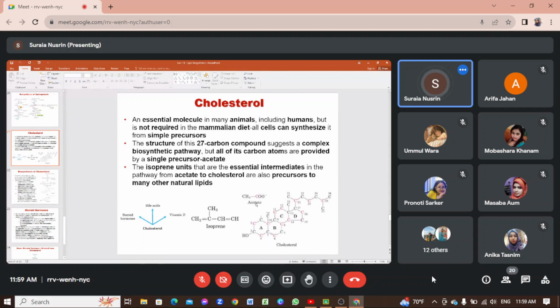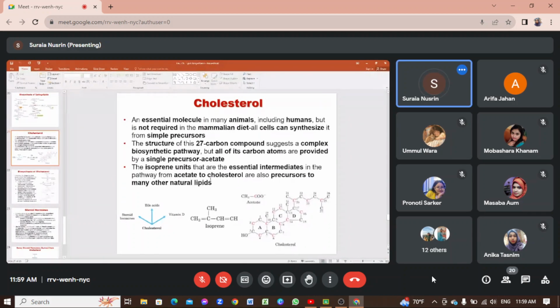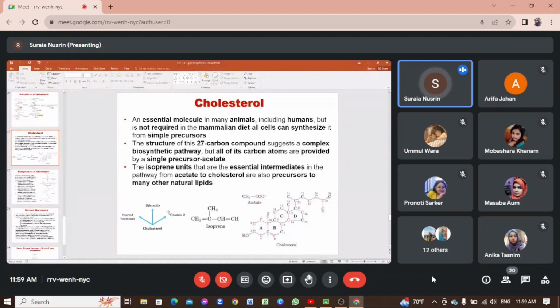So acetate, and if you look at the structure of cholesterol, you can see especially the carbons colored in pink. All the carbons here are coming from this simple precursor acetate, and the intermediate is also shown, isoprene, which also functions as a precursor for other lipids.